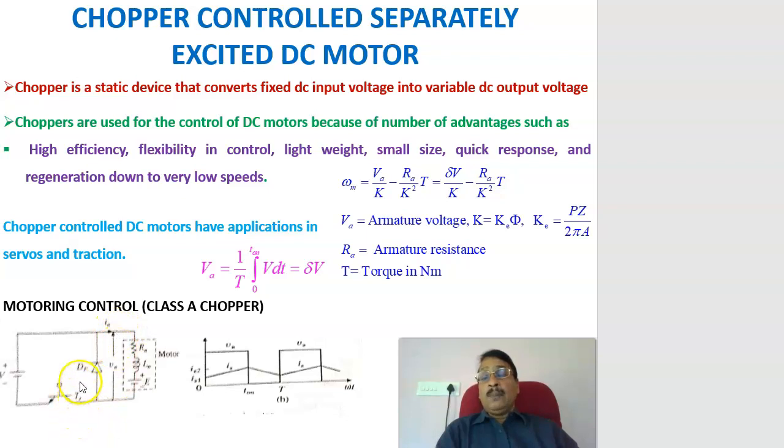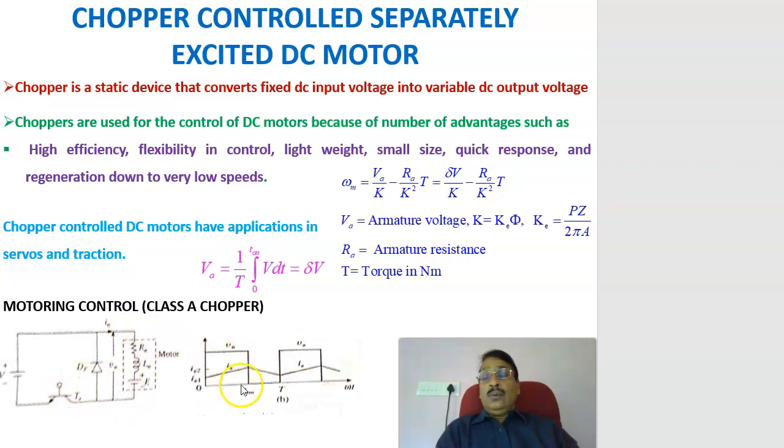A transistor is used as the chopper switch. When the switch is on, the diode does not conduct, as it is reverse biased, and the voltage across the armature is equal to V.